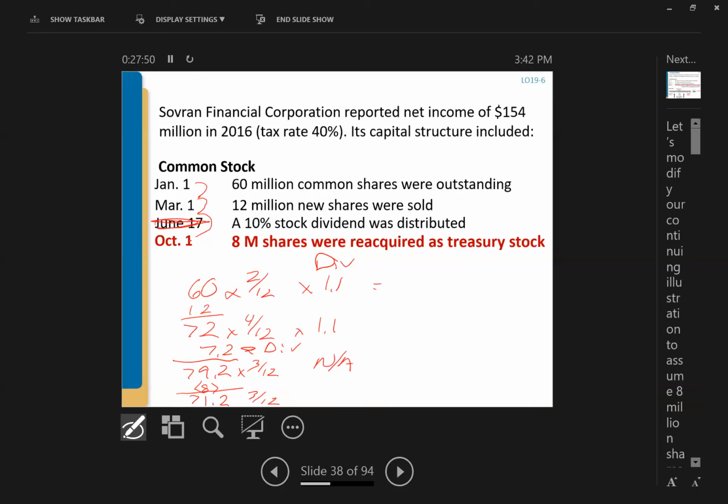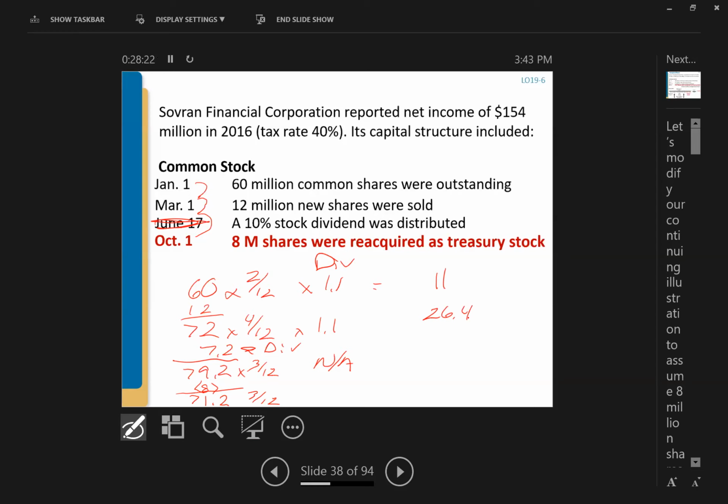And so again, we could extend these all through. 60 times 2 divided by 12 times 1.1 came out to be 11. The 72 times 4 divided by 12 times 1.1 gave us 26.4.